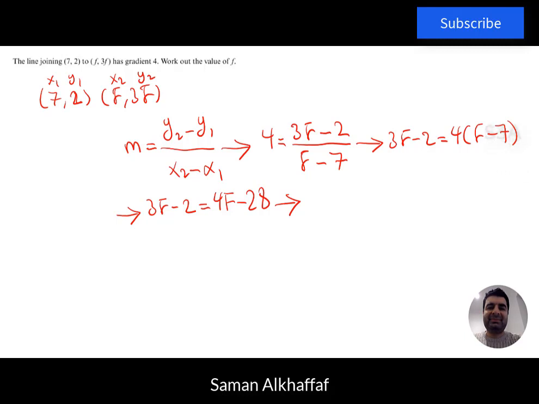So we keep the 4f here, and we have the 3f, so we will have an f on one side, and we have the minus 28, and we add 2 to it, so that will give us, in this scenario, 26. So we move the numbers to the right hand side, so that will be our answer for this question.